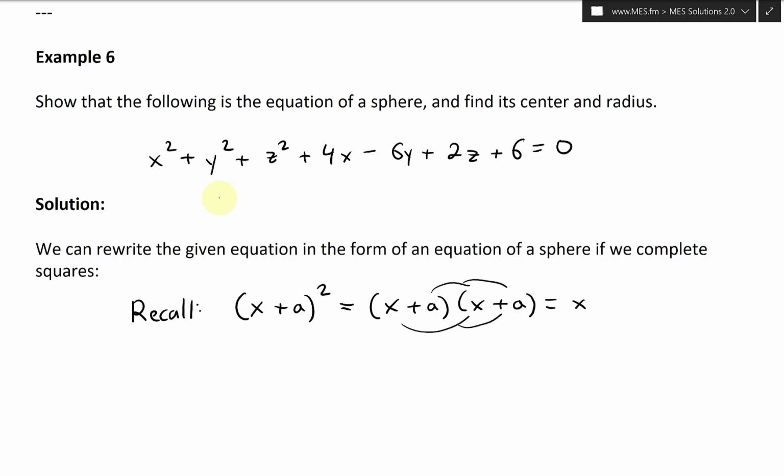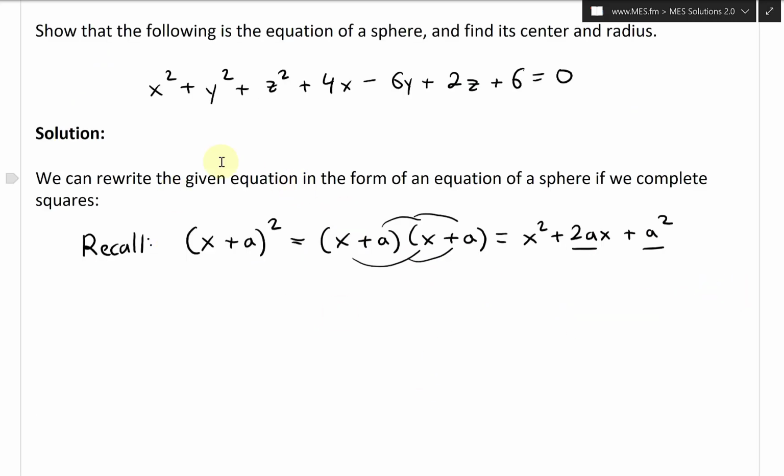So x times x is x squared, then x times a plus a times x is 2ax, and the last one, a times a, is a squared. So the key thing is we have this 2a and then this a squared there. And that's what x plus a squared becomes.